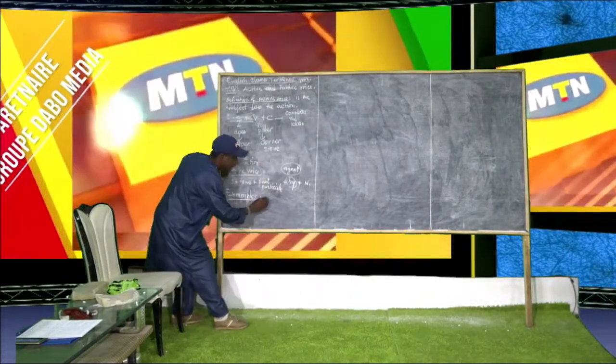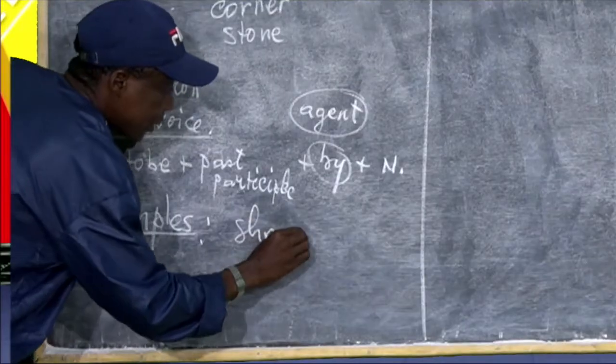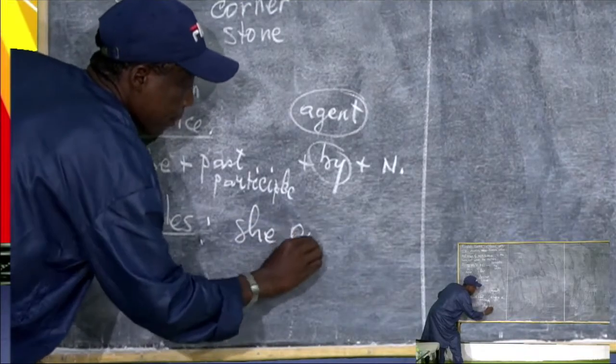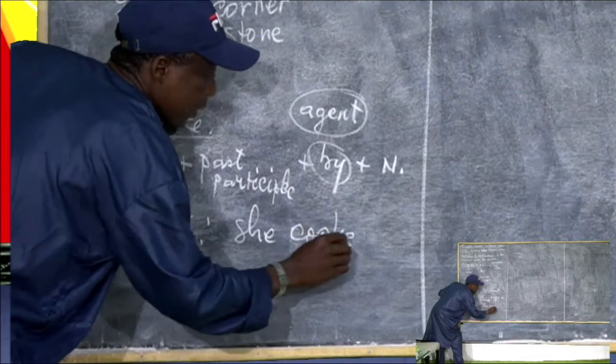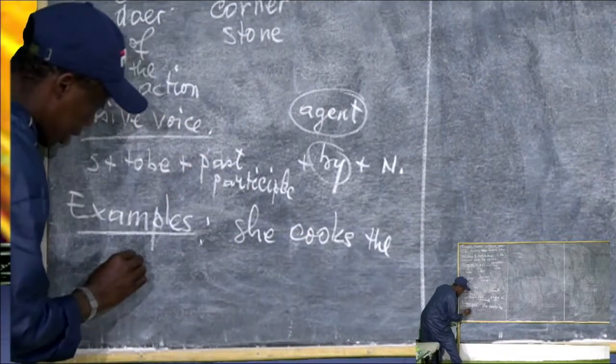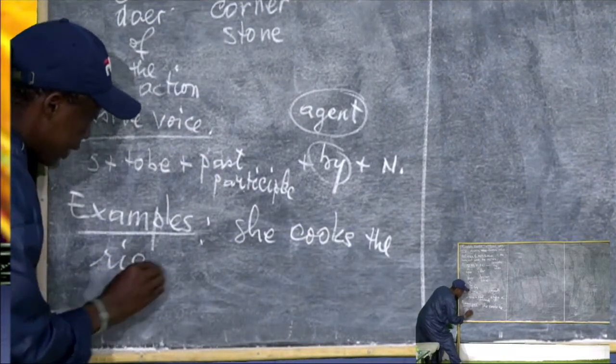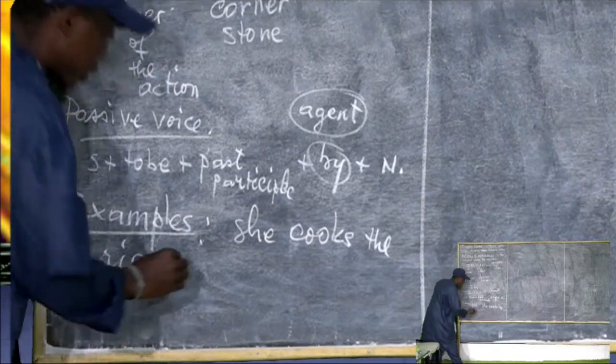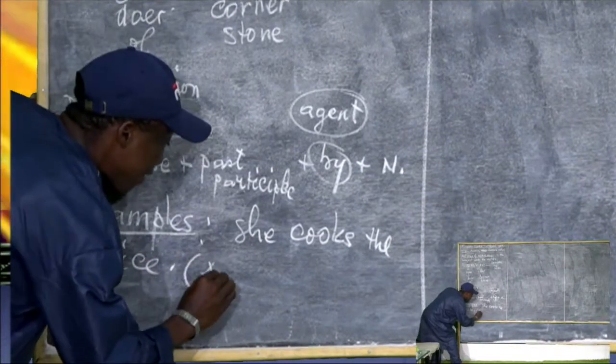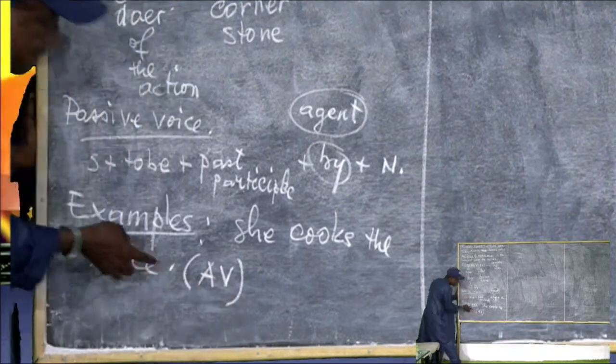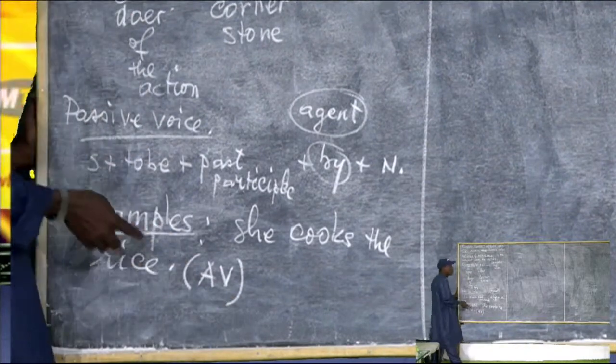Example, for instance, she cooks the rice. She cooks the rice is active voice. In brackets, you have AV, which means active voice.